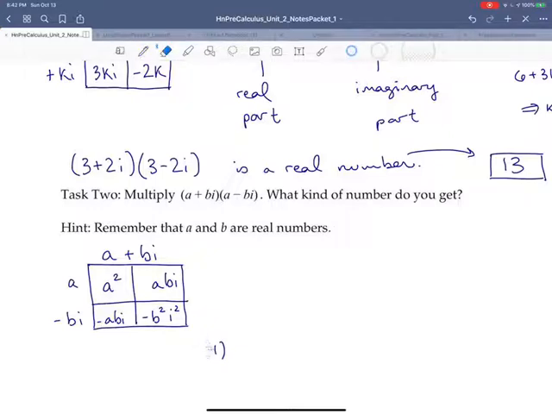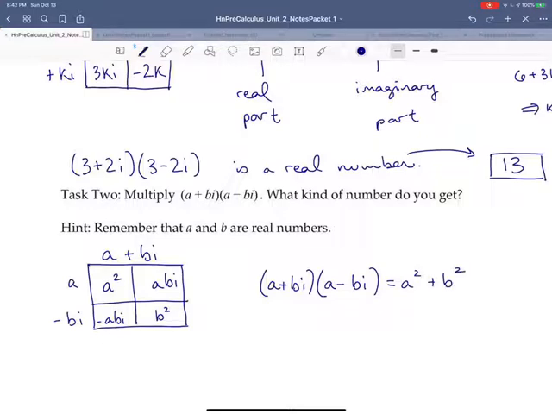So this is b squared. So a plus bi multiplied by a minus bi equals a squared plus b squared. And since a and b are real numbers, a squared plus b squared is a real number.